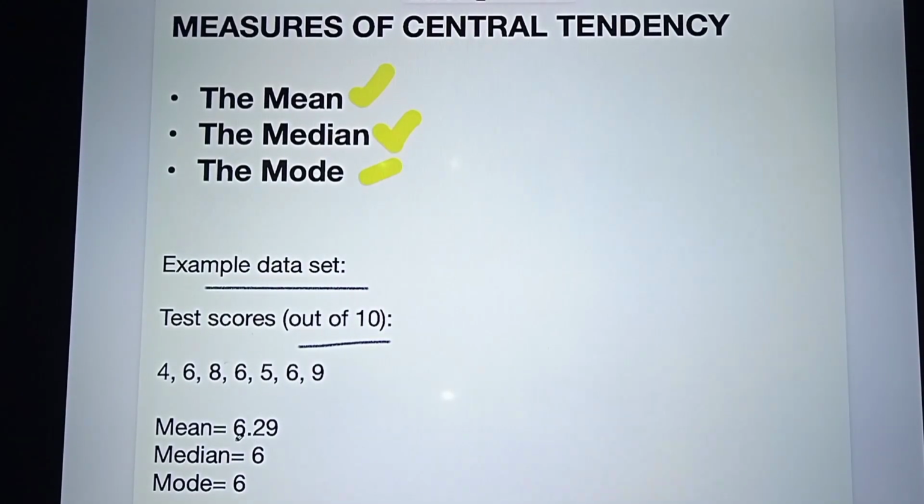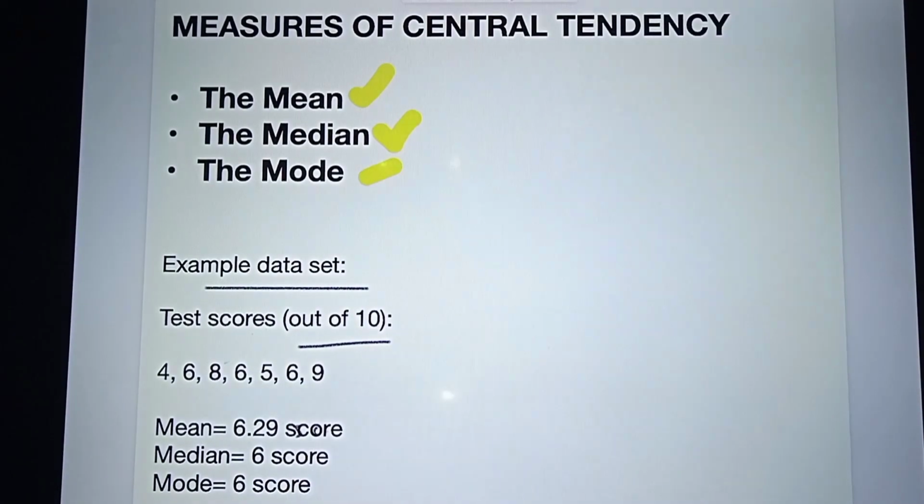So mean is equal to 6.29 score. You can write it like this: score. This is 6 score, and this is score.